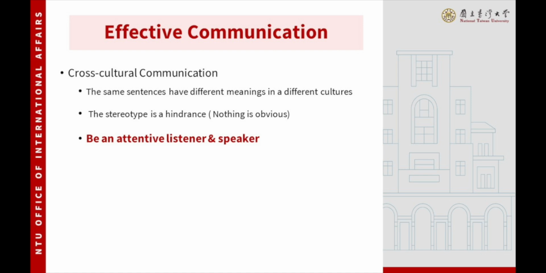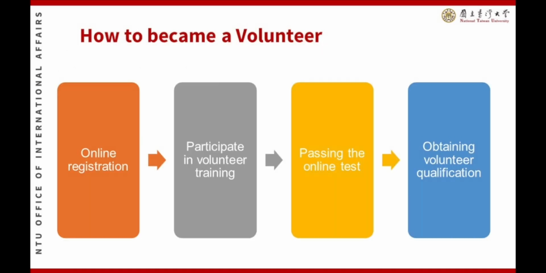Always approach these differences with respect. Second, stereotypes are the biggest barriers to effective communication. Third, do not assume everything is obvious or universal. Fourth, listen actively, observe carefully, ask questions, and communicate with sincerity and care.